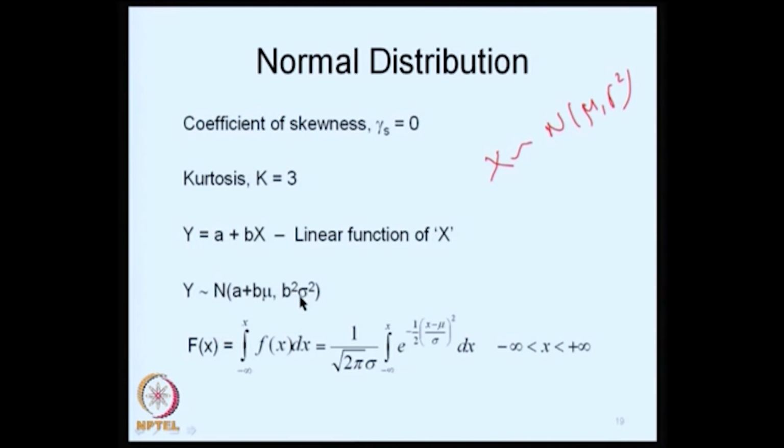So, if you have the random variable x, you should be able to obtain a linear transform of x, which also follows the normal distribution with parameters a plus b mu and b square sigma square. We use this result and generalize the integration for the normal distribution.